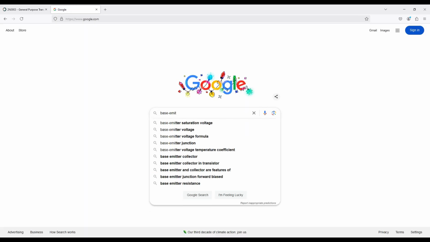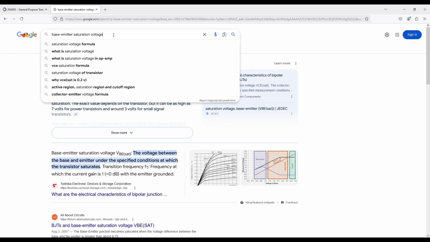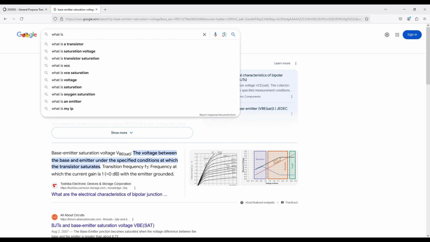So base emitter saturation voltage: the voltage between the base and the emitter terminals of a transistor that ensures the collector junction is forward biased. What does forward biased mean? The base emitter voltage can go above 0.7 volts when a transistor is in saturation. What is transistor saturation?